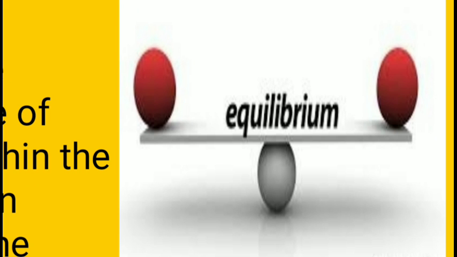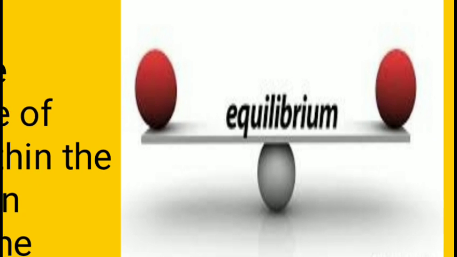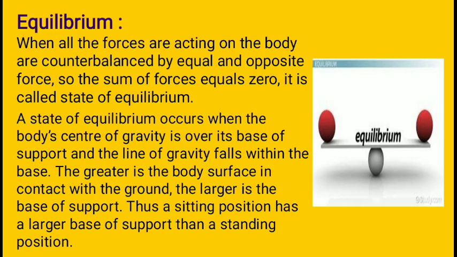Then only is it possible to balance or be stable. In the center it is balanced because force is applied on the right side as well as the left side, but the sum of the forces is equal to 0 because both are equal in weight, shape and size. Clear? So that's why it is called a state of equilibrium.